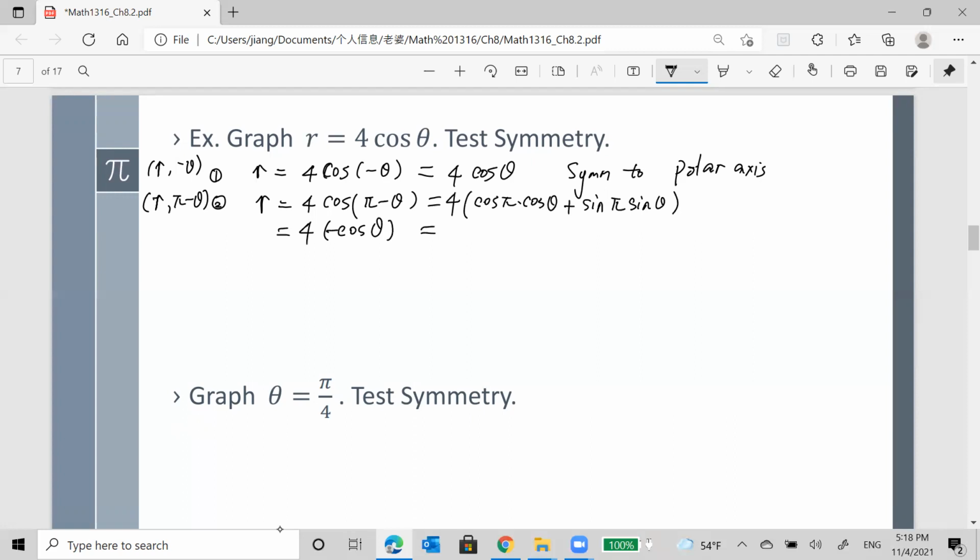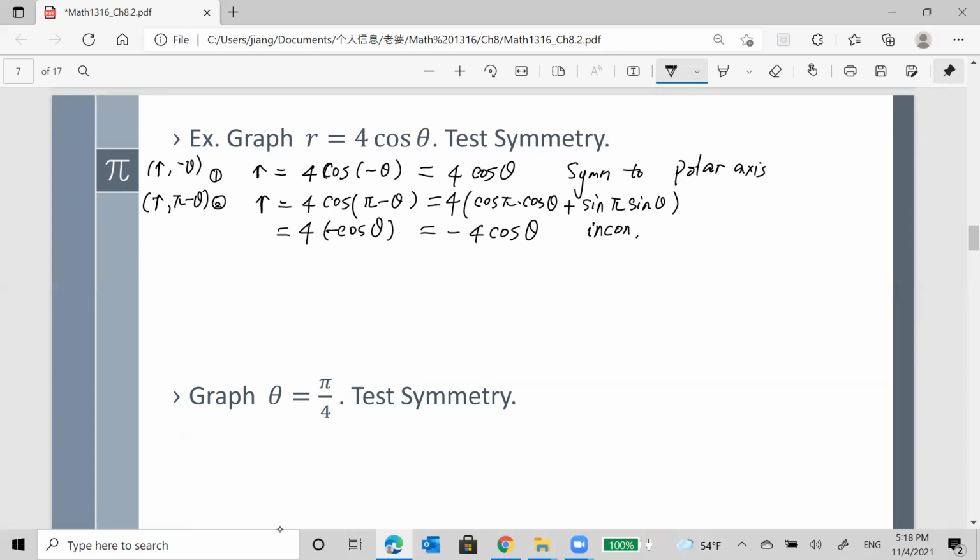So this equals -4 times cosine theta. So r equals -4 times cosine theta is not the same form as r equals 4 times cosine theta. So I should say the test is inconclusive. I just write inconclusive like this.